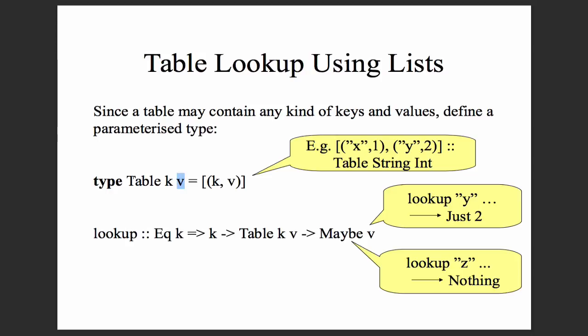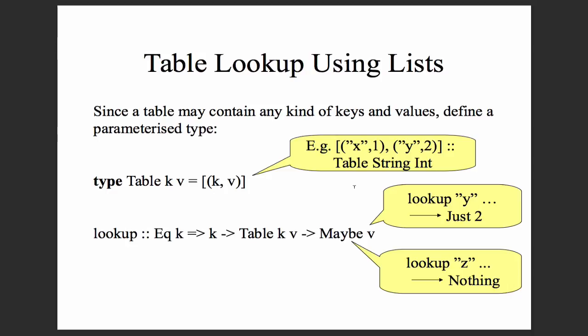So whenever I write table k v, what I mean is a list of pairs of keys and values, a list of key value pairs. And here's a little example over here. This is a possible value of type table string int. It represents the table by pairing the key x and a value which is an int. Okay? Any questions about that?